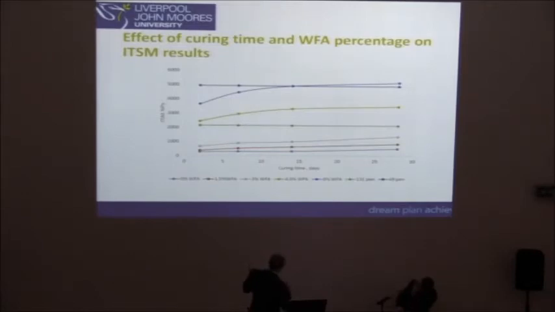This is the relationship between the curing days and the stiffness modulus. This is our optimized mixture. We can see this at 2 days, and this at 28 days. It is more than the hard hot bitumen mixture.